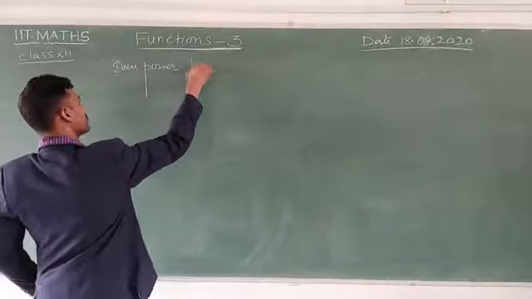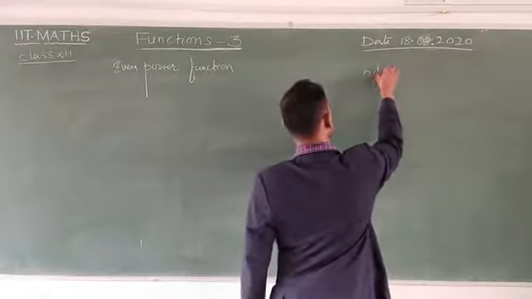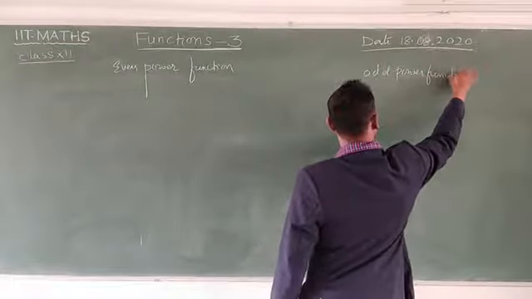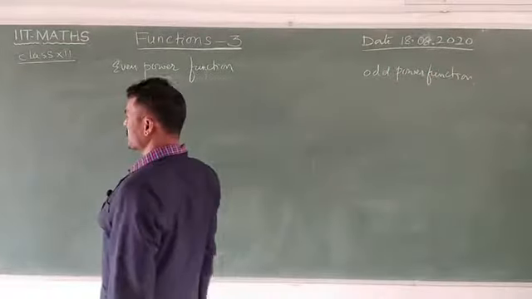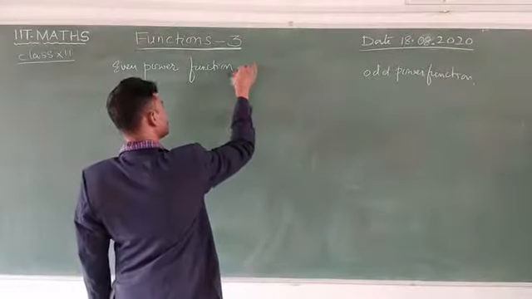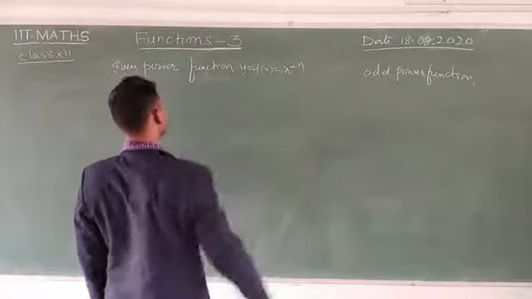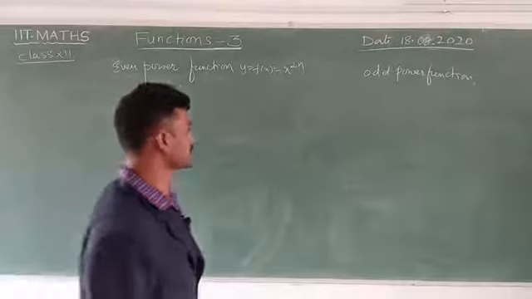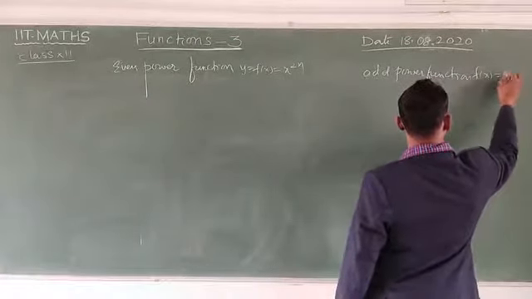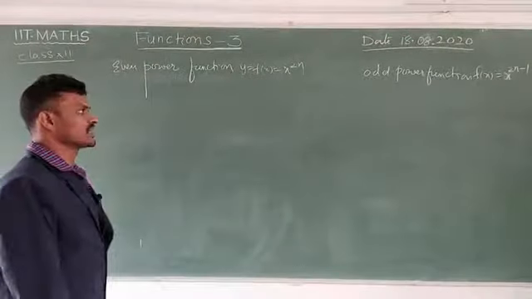A function f mapping from R to R defined by y is equal to f of x is equal to x to the power of 2n is said to be an even power function, and f of x is equal to x to the power of 2n minus 1, functions of that form are called odd power functions.